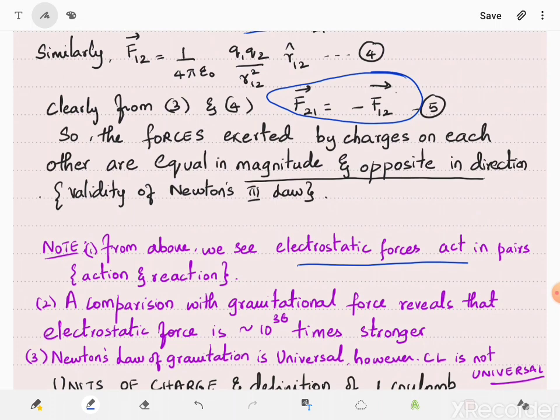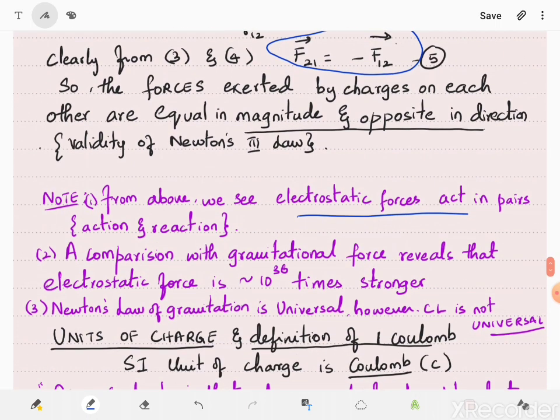Third important point that I would like to talk about is Newton's law of gravitation is universal. However, Coulomb's law is not universal. What does this imply? It just implies that Coulomb's law keeps changing and it depends upon the medium, while Newton's law of gravitation is the same everywhere. The force of attraction between two masses is always G m1 m2 by r square.